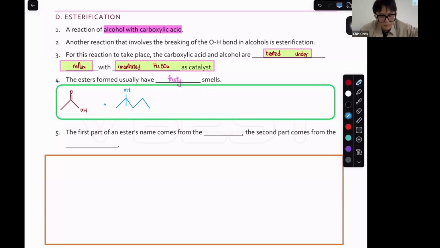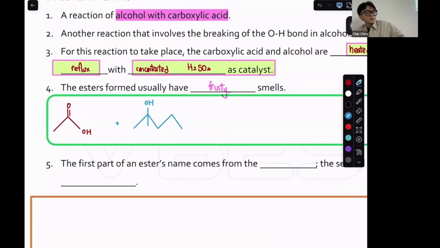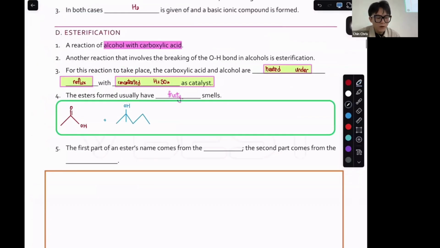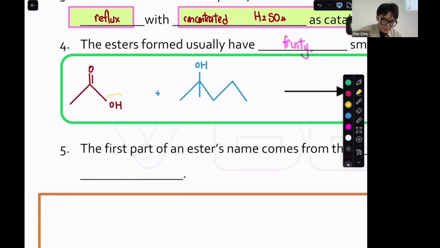Okay, guys, I want you to draw a skeletal structure. Try your best to do it in skeletal form. Again, when the esterification reaction happens, remember what you are removing. We are removing OH from your carboxylic acid, and H from the alcohol. Then we join them up.